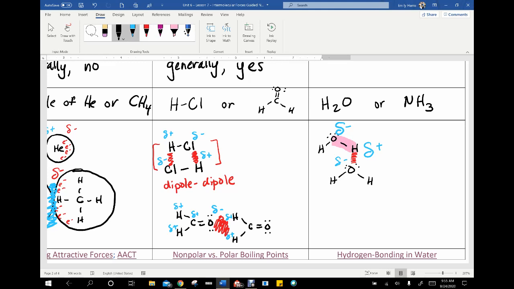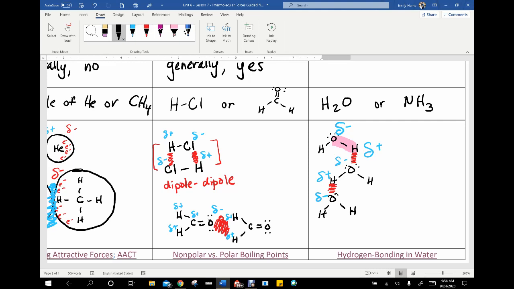And we could continue this if you had more than two water molecules. You could repeat this interaction throughout. And so again, it's just a strong force of attraction due to those large partial negative and partial positive charges.